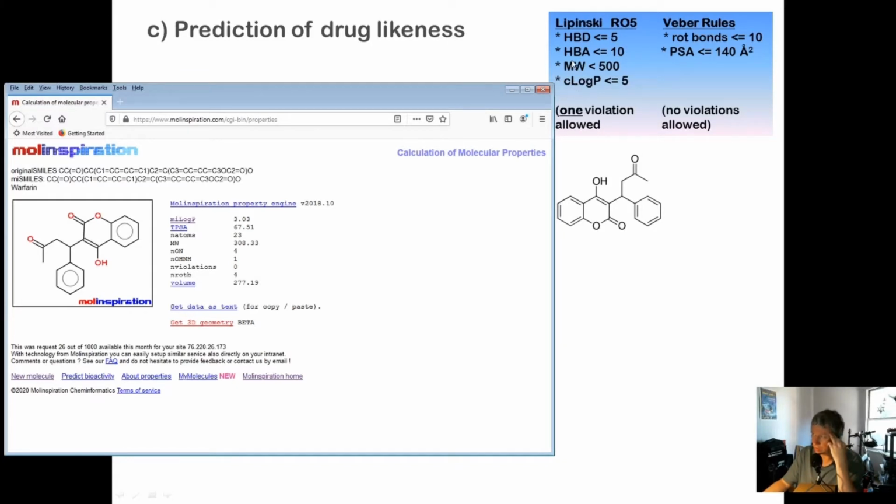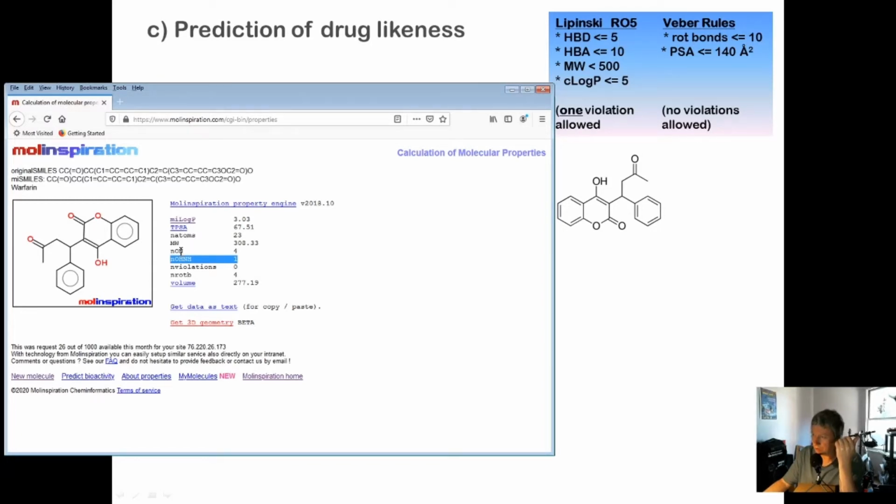So for hydrogen bond donors, those are going to be the OHs and NHs. Well, there's one OH, we see that right there, and so obviously that's less than 5. That's good. So that rule is acceptable.